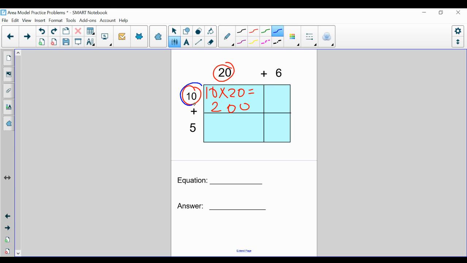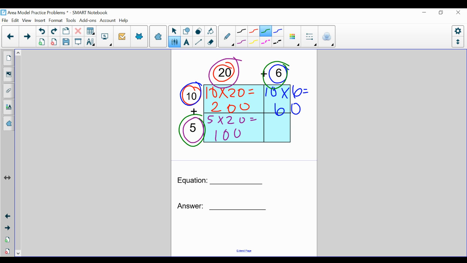Then you go 10 times 6, which equals 60. And 5 times 20, which equals 100. And then 5 times 6 again, here, which equals 30.